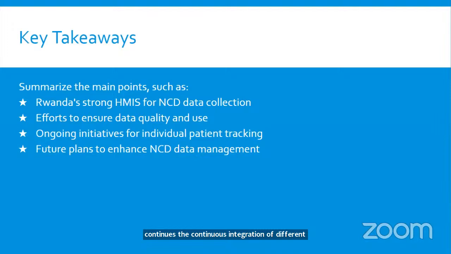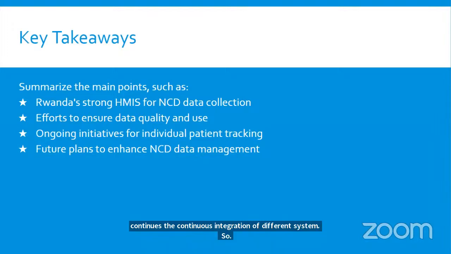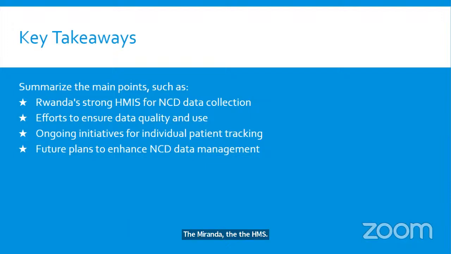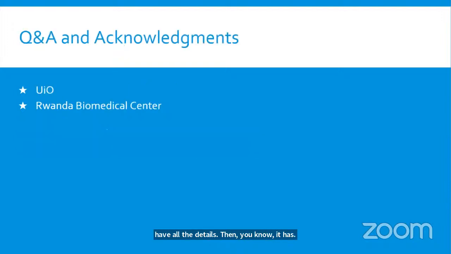So in Rwanda, the HMIS collects these data, and there is also an ongoing initiative to continue by individuals so that they can have all the details, and then it has data management.